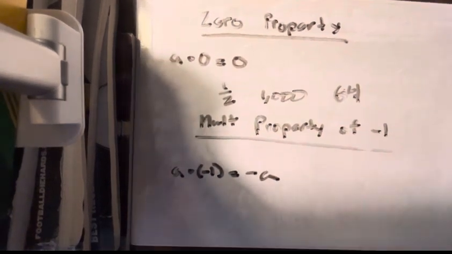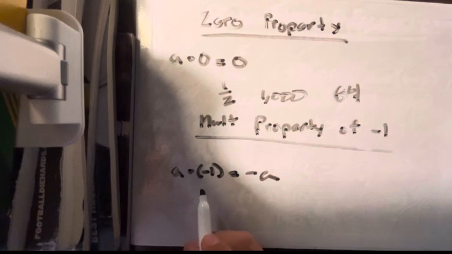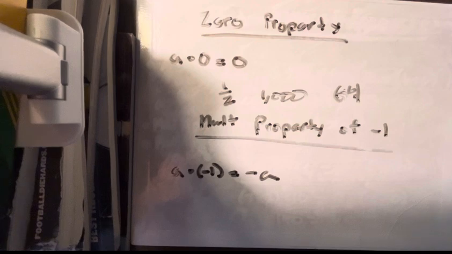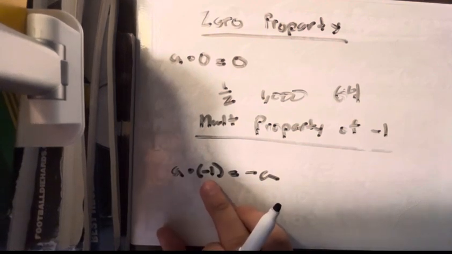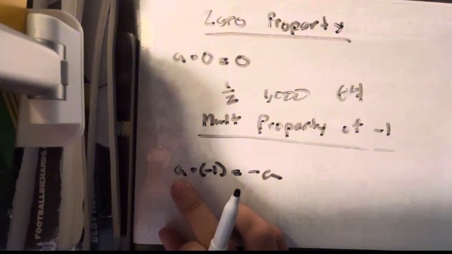This one's a little bit more tricky than the previous ones. You are simply just flipping the sign of A, and that is your answer. When you multiply anything by -1, you are simply going to flip the sign of this number, and that is your answer.